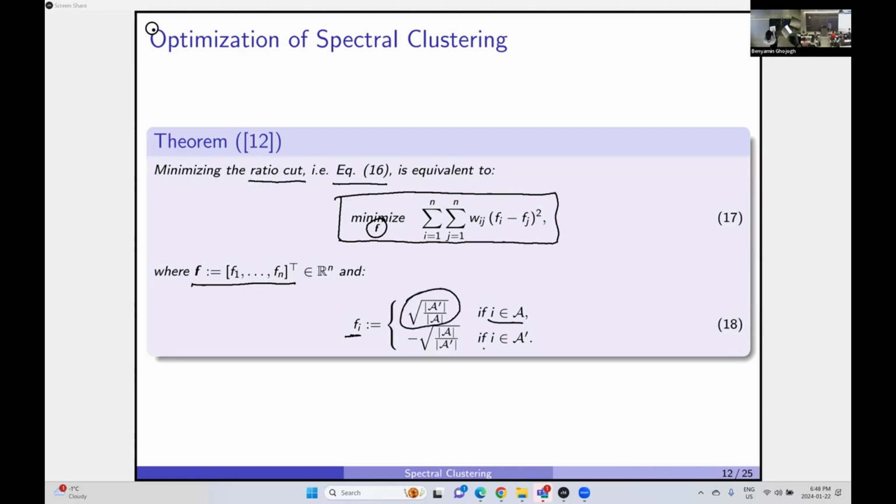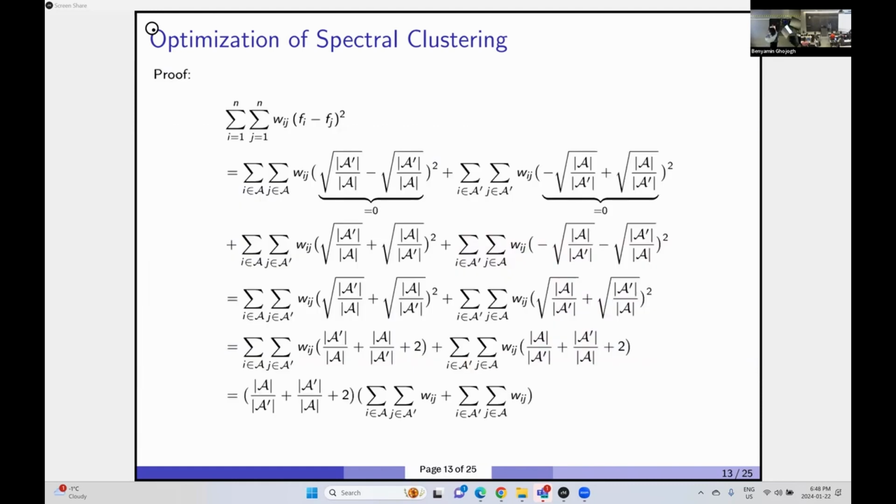If i belongs to A prime, fi is this. Please refer to my tutorial paper or my book for the proof and read the proof. When you read the proof, you will see the beauty. I forgot that I had put the proof here. You can read the proofs in the book as well.